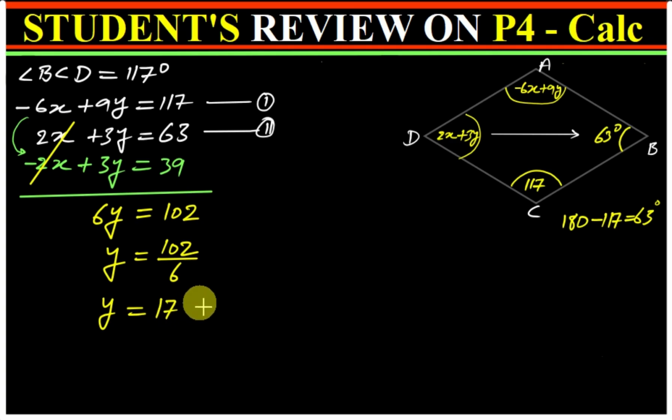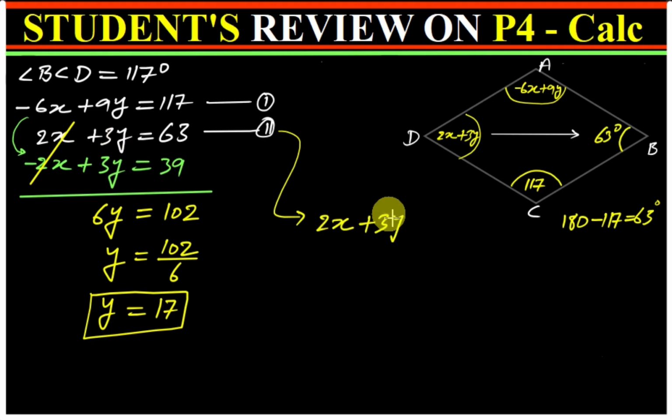This is a calculator paper, so you can use a calculator. So we got y is equal to 17. Now we have to find the value of x. We can use one of these equations, so let's use equation 2. Here it is 2x plus 3y equal to 63.